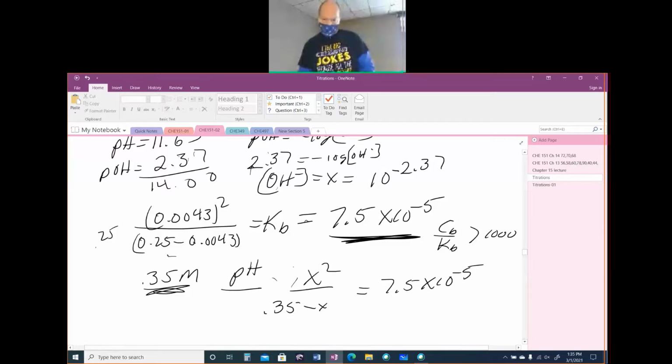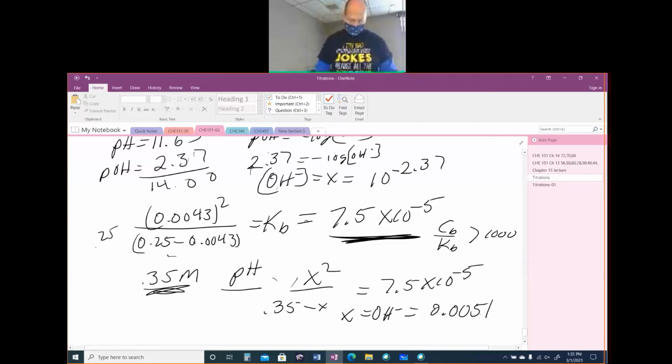And so again, here X, you have to know X is your OH minus concentration, and that is 0.0051. And then the negative log of that is a 2.29, but that is a pOH. And so subtract that from 14, and you get your 11.71.